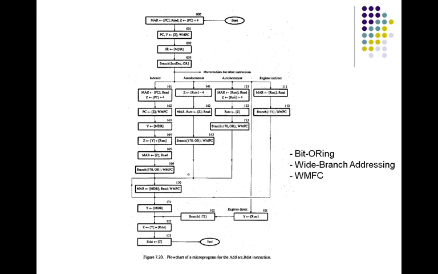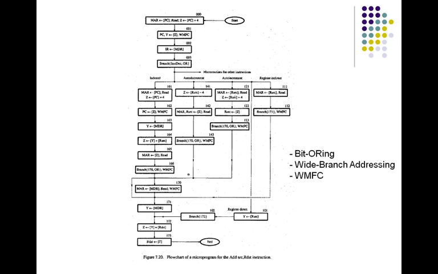We use the octal notation in this example as a convenient shorthand notation for the binary numbers. So most of the flowchart in this figure is self-explanatory, but some details need to be elaborated here. First I will explain the issues involved, then examine the flow of microinstructions in this figure in detail.